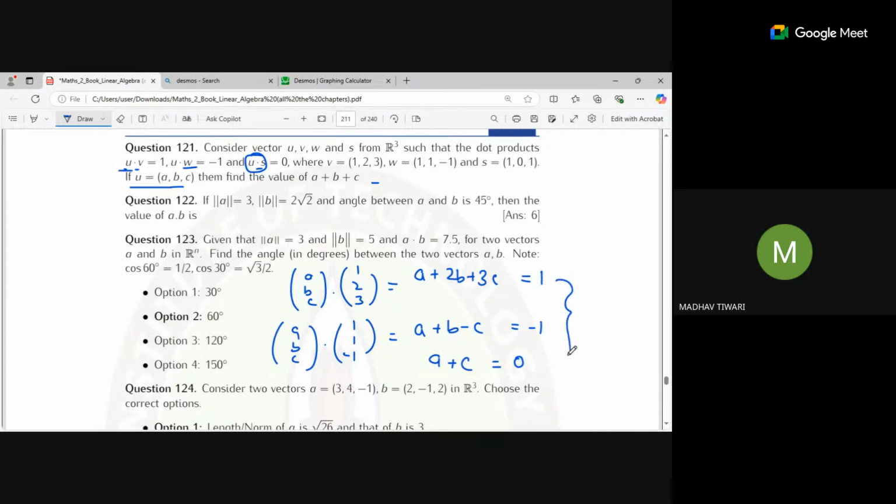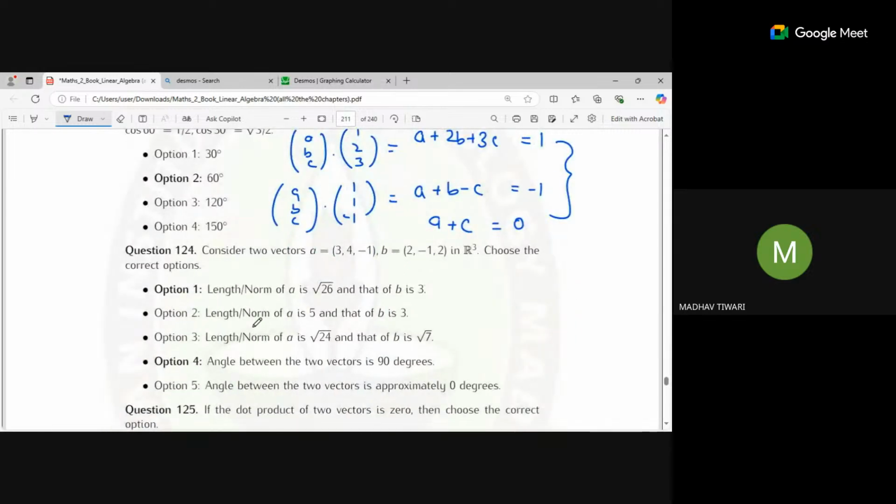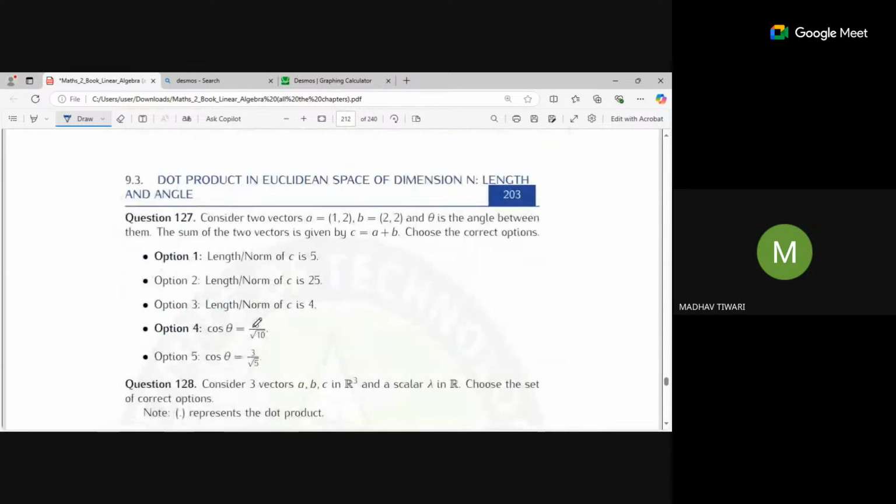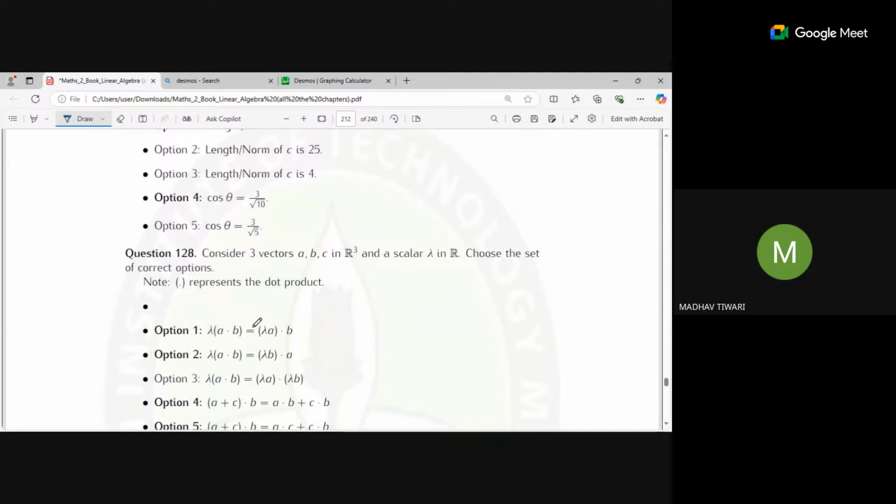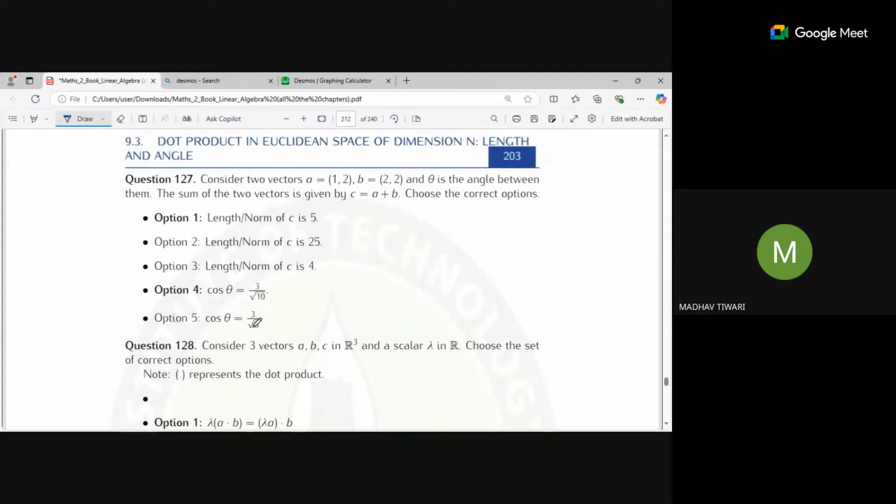So you got three equations. Now you can solve it by yourself, and you will get your answer. Same you can solve the other parts as well. If you find any question hard, then you can tell me and I will explain that part.